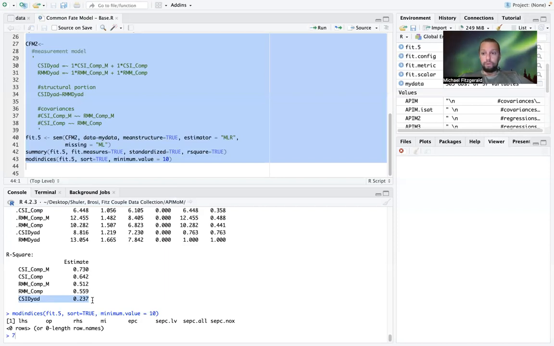So we're doing a really stupendous job explaining why people are satisfied in their relationship. So that is the common fate model, in addition to a couple other nuances that you will see within dyadic data and structural equation modeling. Hopefully this has been helpful in expanding your knowledge and your ability to estimate dyadic models.